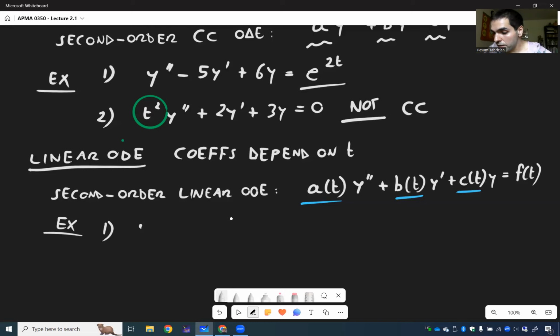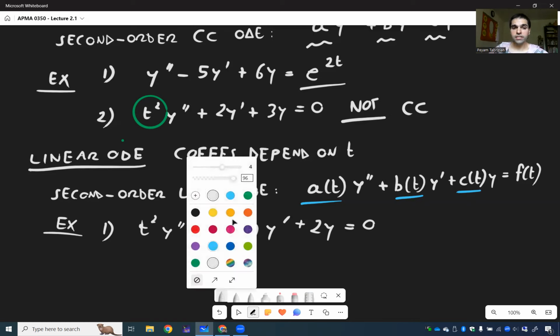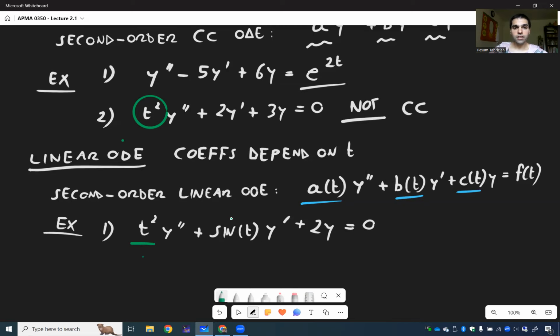If you take t squared y double prime plus sine of t y prime plus 2y equals 0, since the coefficients in front of our functions, y double prime, y prime, and y, depend on t, those are linear ODEs.